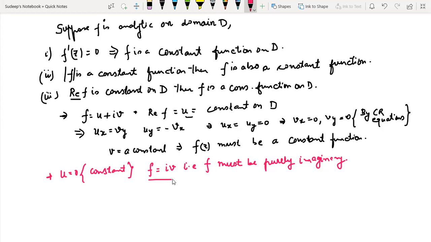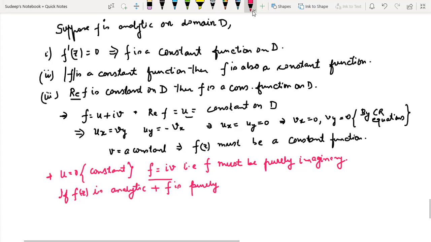Right? And if f is purely imaginary, then what is happening? I've already shown that if u is a constant, then f z must be a constant function. So another thing that can be written here is that if f z is analytic plus f is purely imaginary, because in order to be purely imaginary, your u must be 0 and it must be a constant.